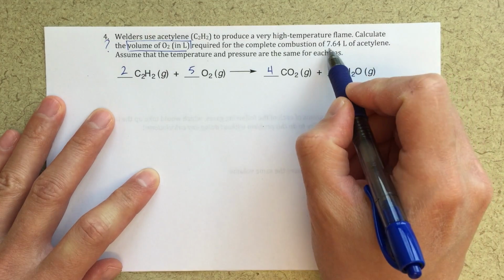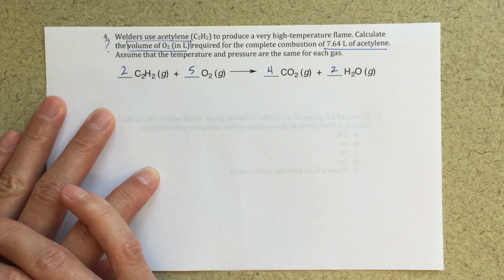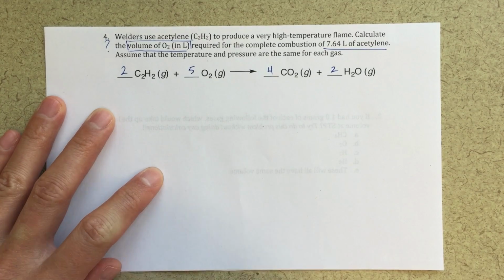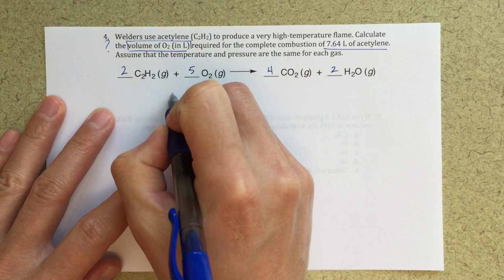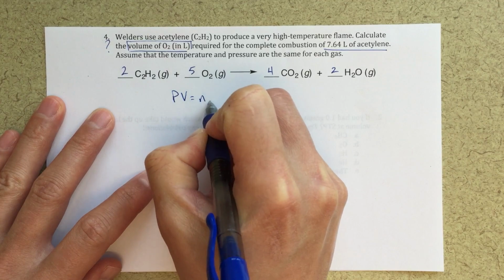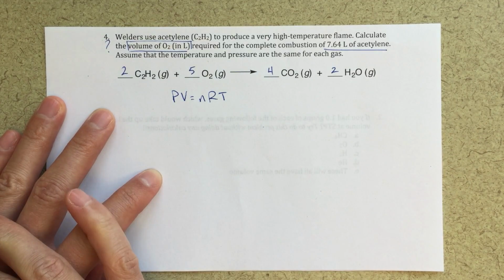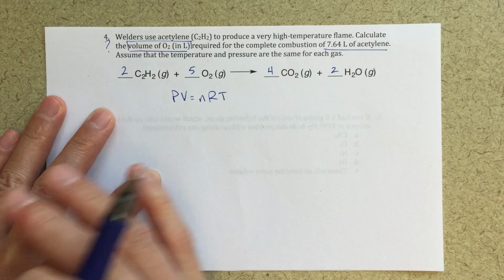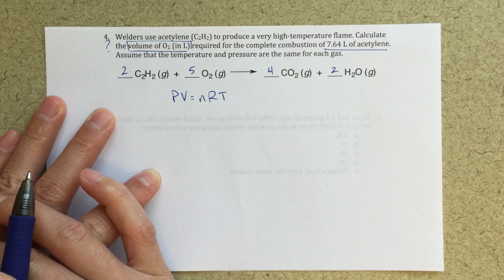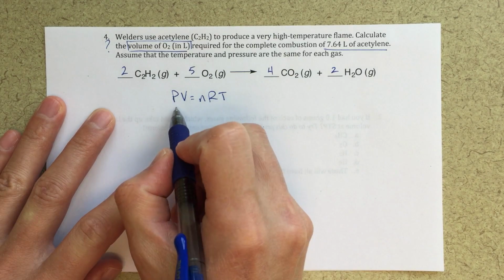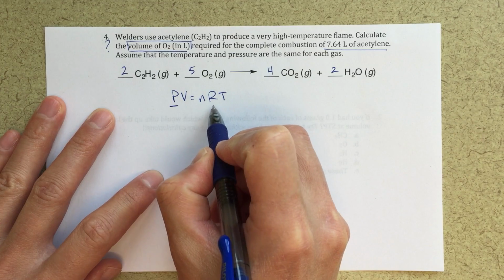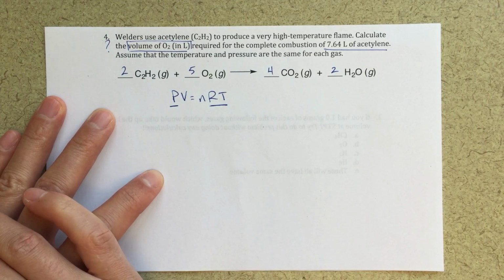And I've got this amount of acetylene. At this point, what I would start to think about is the ideal gas law, and what conclusions we can figure out to help us solve this problem. So PV equals nRT. I know that the pressure and the RT part are going to stay constant.